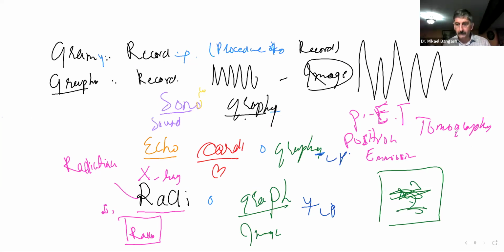Again, here we have the word graphy, which means that we get an image. So the actual picture is a positron emission tomograph, whereas the process of recording is a positron emission tomography.